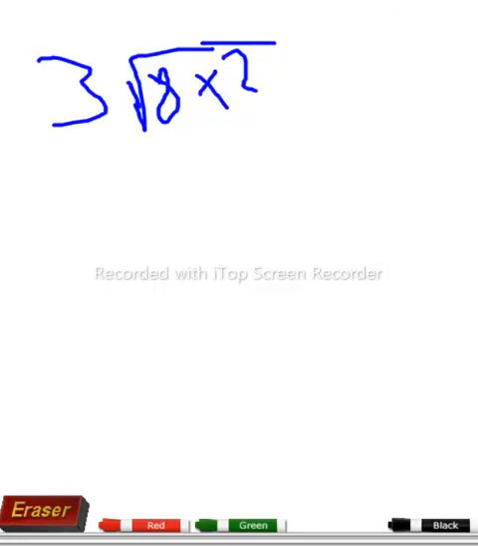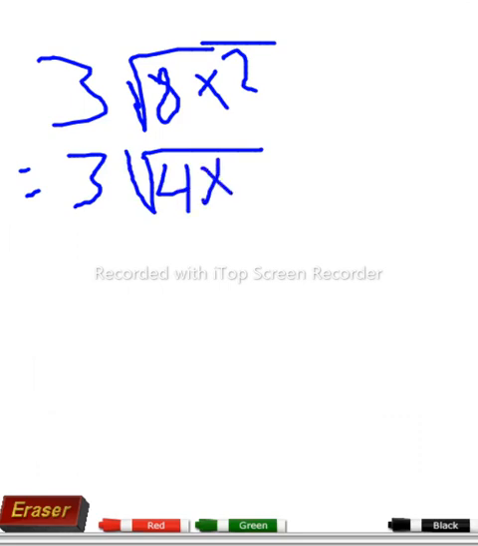We try to rewrite this question. As we said before on question letter A, 8 means 4 times 2. Again, we have x square. X square means x times x, so x is a perfect square.